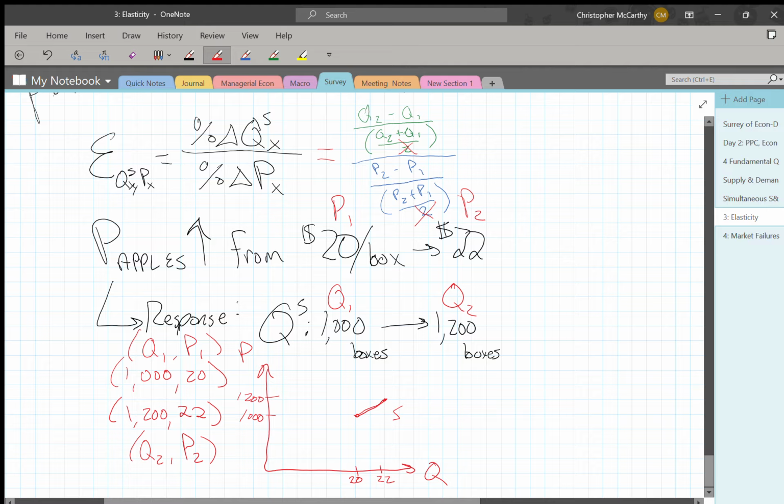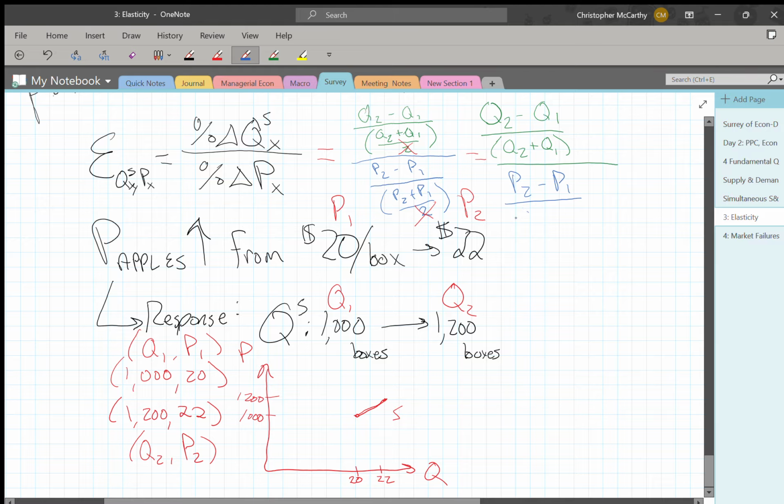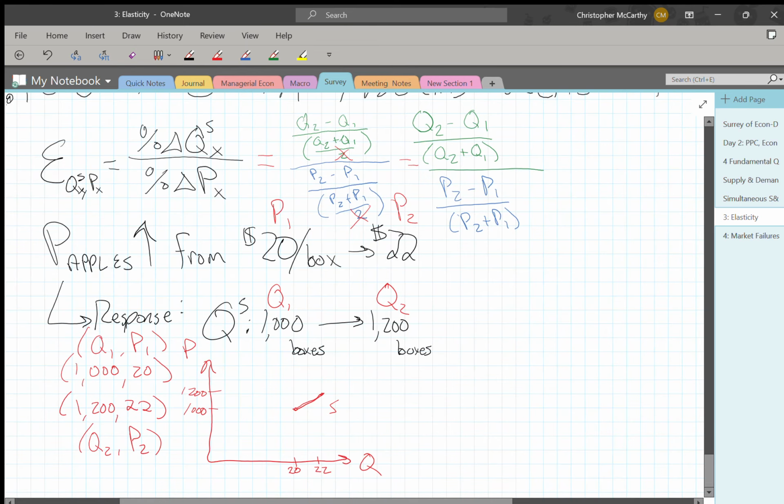And so this then just ends up being Q2 minus Q1 over Q2 plus Q1 divided by P2 minus P1 over P2 plus P1. So at this point, it's just plug and chug, right? So we're doing 1,200 minus 1,000 all over 2,200 divided by 22 minus 20 all over 42.